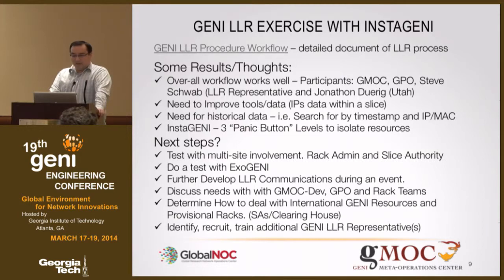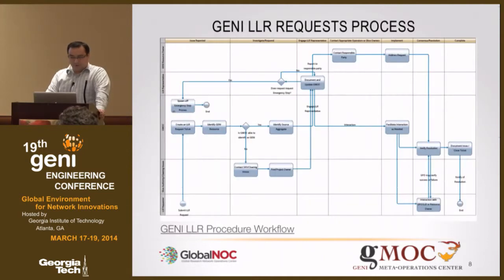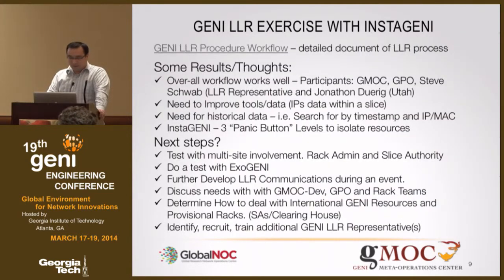So we can at least look up where this resource is, and it will give us a general direction: this is on a Utah rack, or this is on another resource that we have contact information for, and we can contact them for more detailed information to find the offending resource.